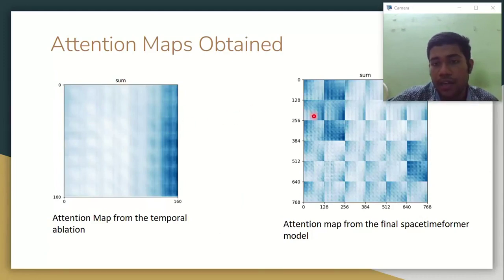The previous picture was taken from the paper, and this is a picture which we have got from running our own models, and we can see that for the temporal ablation map, the attention is again more towards the previous time steps. Whereas on the right-hand side, we get the spatio-temporal attention map, which is more similar on the top left-hand side and the top right-hand side because the spatial information is captured here.